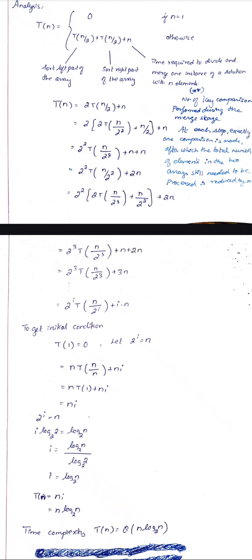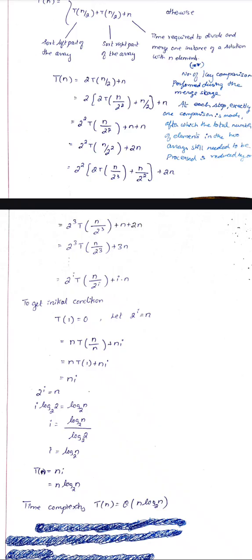Then 2 square T of n by 2 square plus 2n. So we have 2 square 2T of n by 2 cube plus n by 2 square plus 2n.